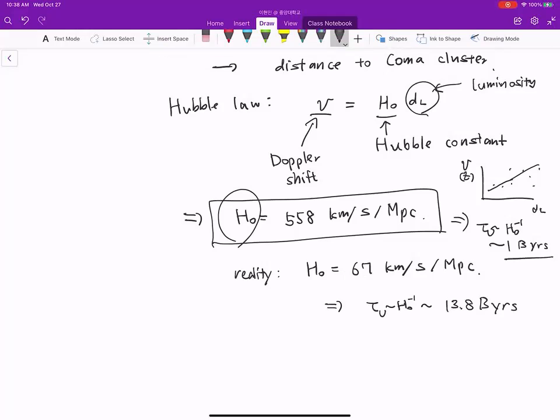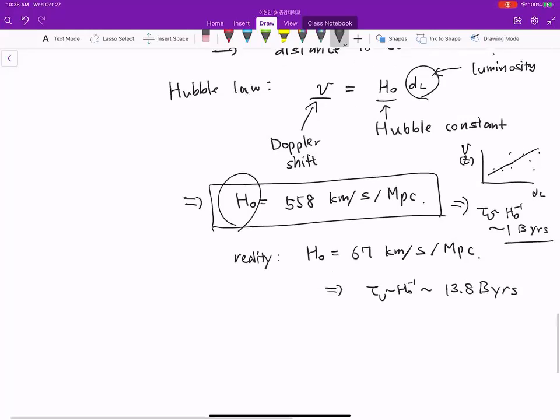So this smaller age of the universe was problematic for many reasons. Galaxies and galaxy clusters are older than this estimation. So at that time, the scenario of an expanding universe made some problem, but now it is okay.